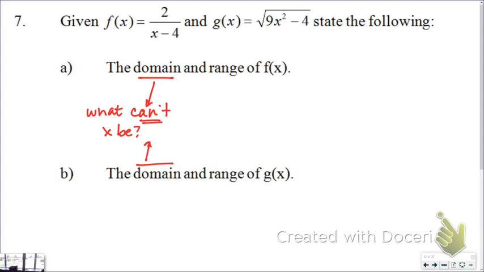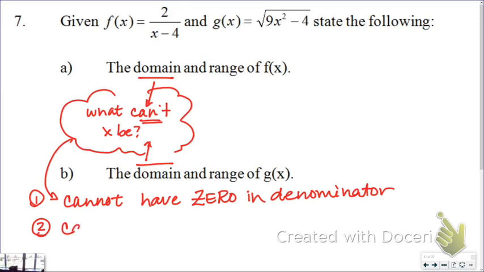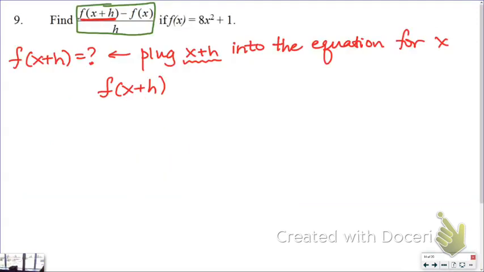And exclude those values from a domain. And so when you're considering that, what should you be thinking about? You cannot have a 0 in the denominator. That's number 1. And number 2, you cannot have a negative number in an even root.